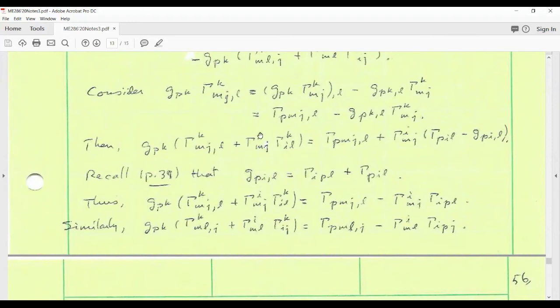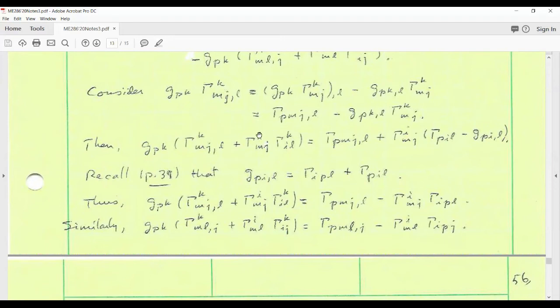Oh, I see. And then I have the IMJ left over. Here, this one is this one. And I already have the g_PK on this, so I don't need it anymore. I just bring it down. That the g_PK times this is equal to that, which is here and here in the last term.